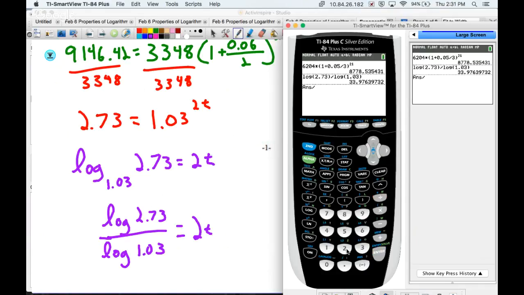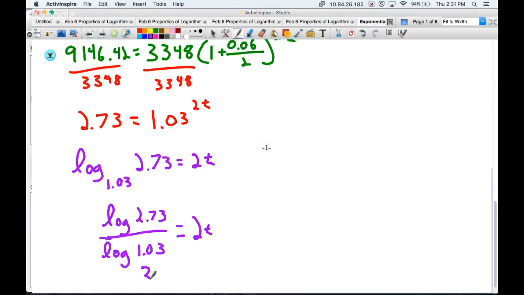Let's divide that by 2 to get that our final amount of time is 16.98. So this became about 34 equals 2t, which then becomes 16 equals t.